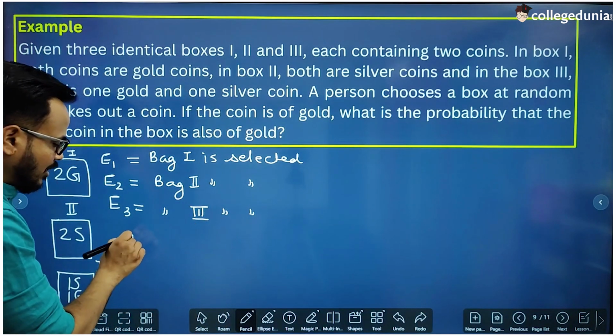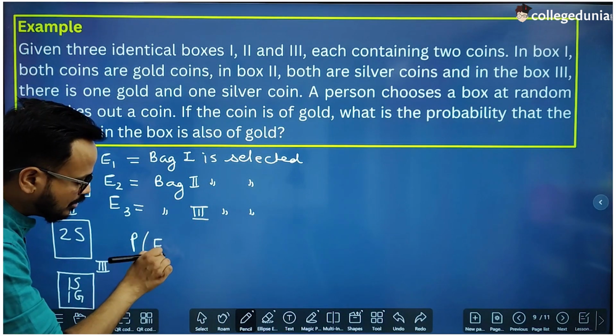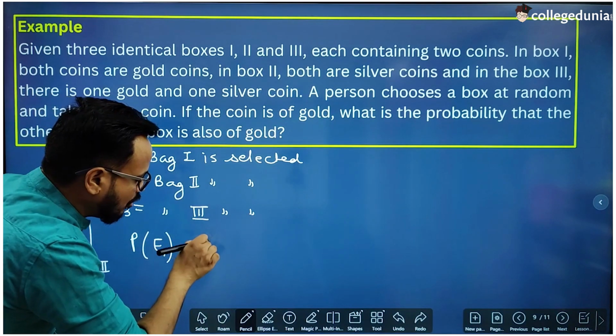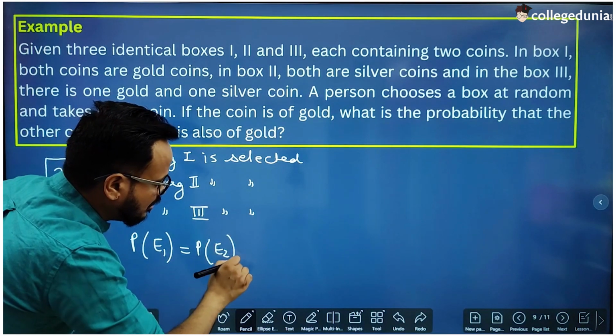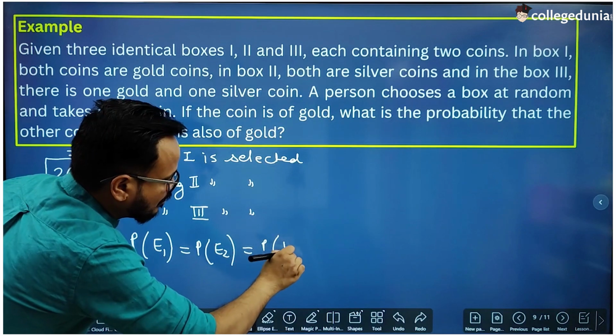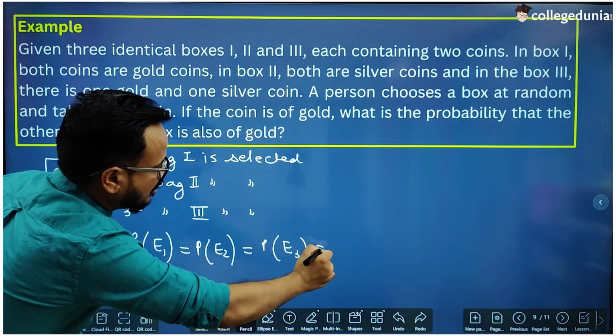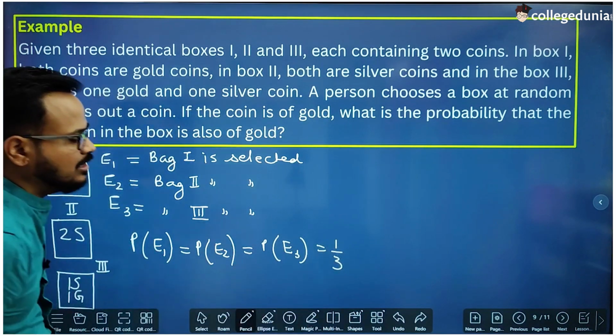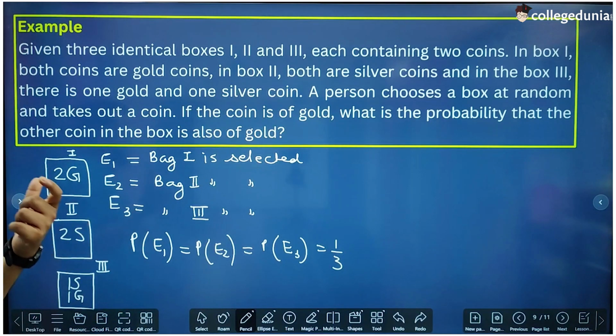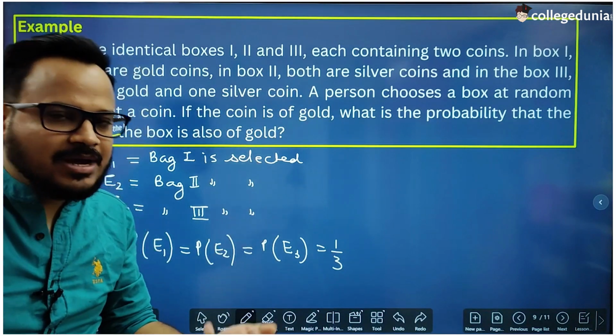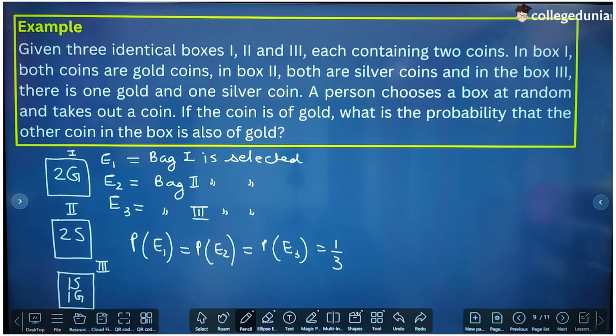So what are the probabilities of E1, E2, E3? Probabilities of E1, E2, E3 are all equal to 1 by 3, because there are 3 bags, and out of 3 bags if we select one bag, then the probability is 1 by 3, right?